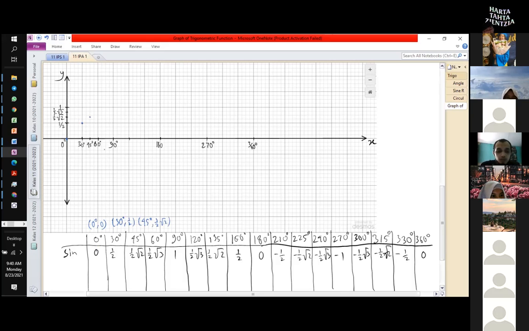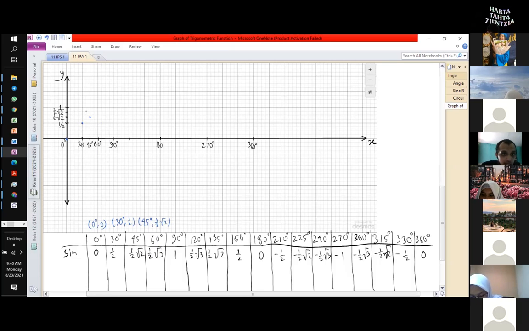If you are using real millimeter block, you will do better than this. Okay, 60 degrees, 1/2 square root of 3.